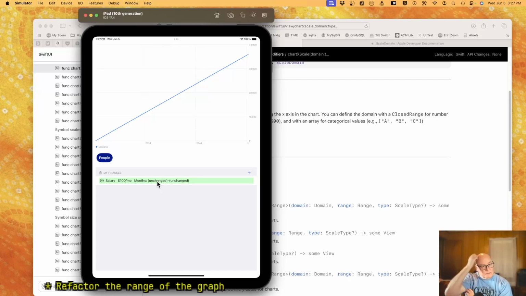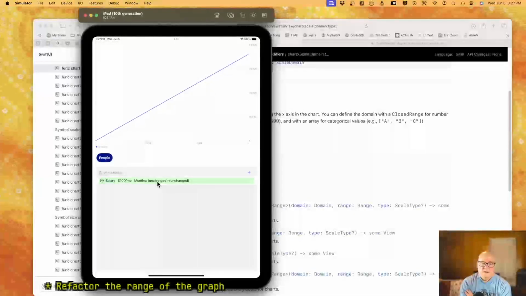Yeah, I don't know. I don't like unchanged for that word here. It's really unspecified, but it's hard to know that. I mean, is unchanged different from unspecified?